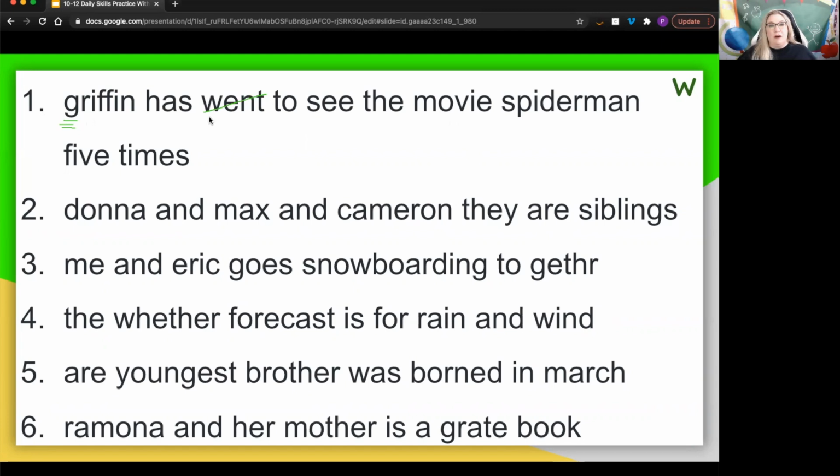Either one would be fine there. I'll put gone, but you could put been as well. Has been or has gone to see the movie Spider-Man 5 times. Period at the end. But Spider-Man, we would want to put that in italics and capitalize it because it is the name of a movie. So that would look like this.